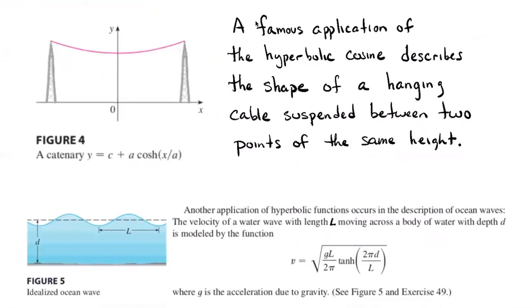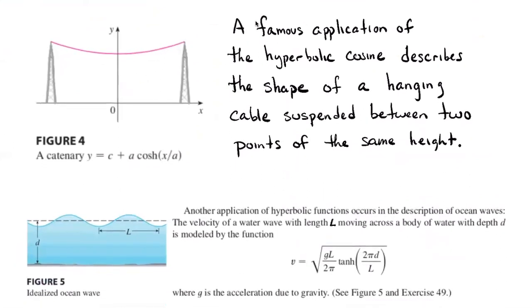This is just to keep you hopefully interested, that these things are all over the place in applications. Here's a famous one. If you take a cord, a cable, something flexible, and you suspend it between two points of equal height and let it fall into that shape, like in this picture, then the function that describes it is a hyperbolic cosine.